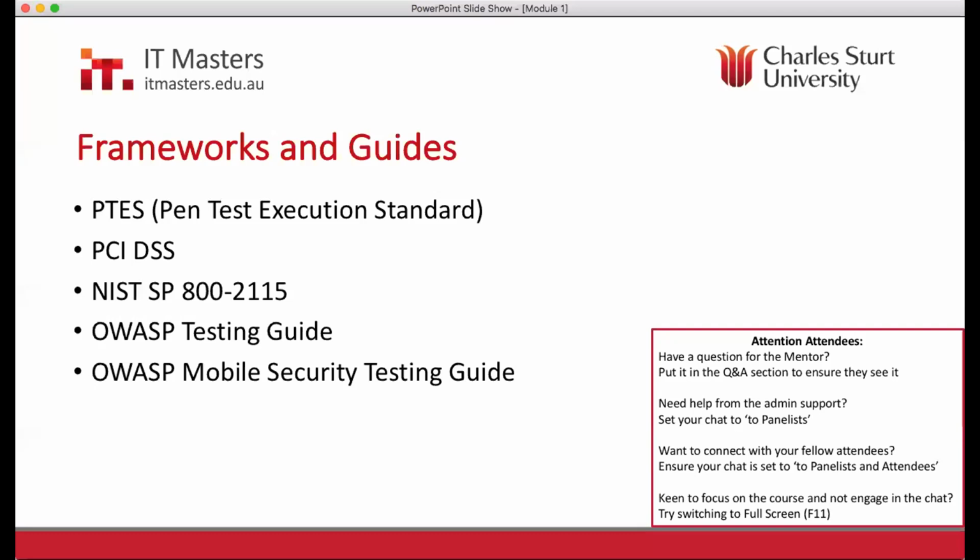I find them less approachable than maybe the PTES and the PCI DSS. And then obviously there's the mobile security testing guide as well from OWASP. These are all good. There's more out there than this, obviously, but these are good examples of guidelines and standards that you can use to mature and be more professional about your penetration test.